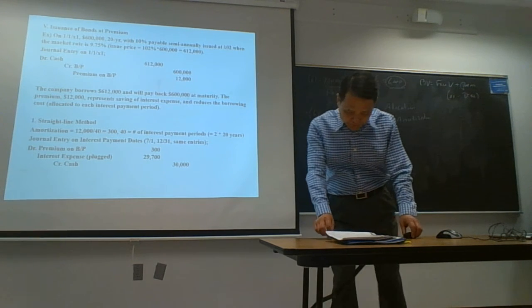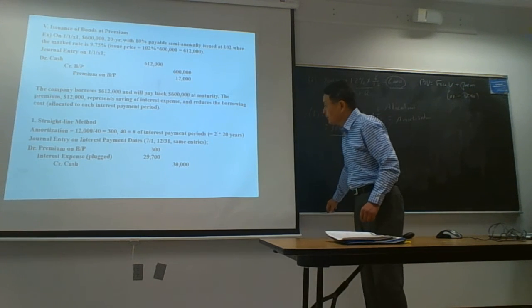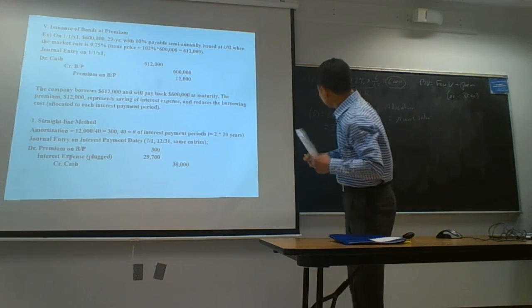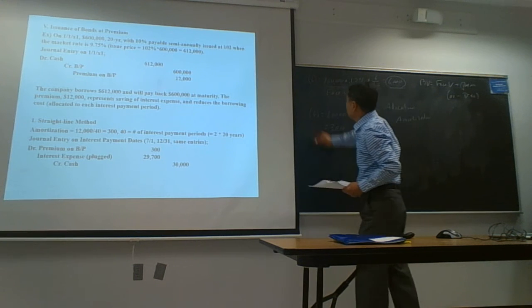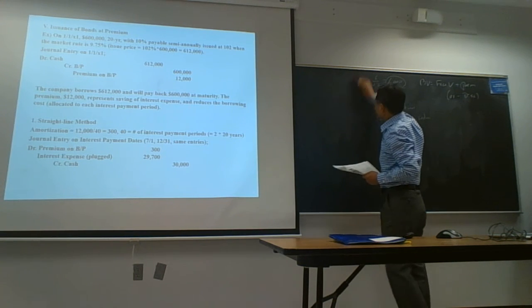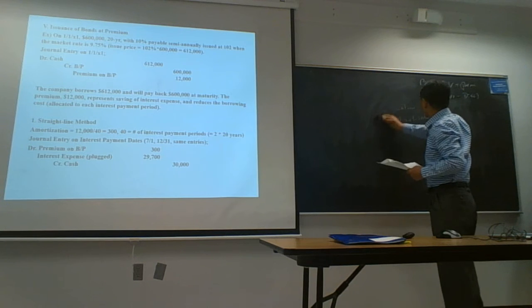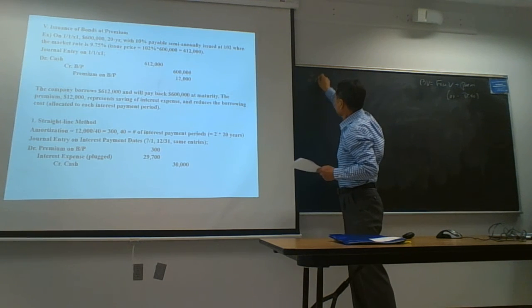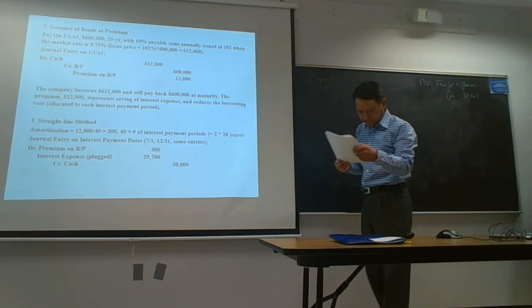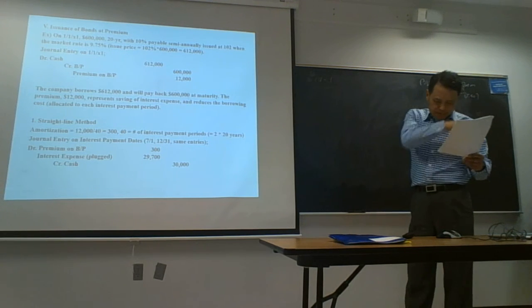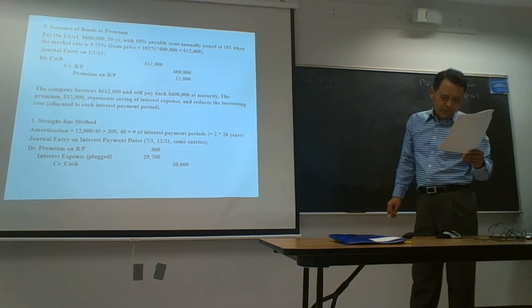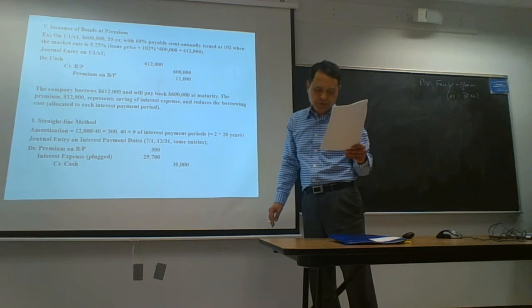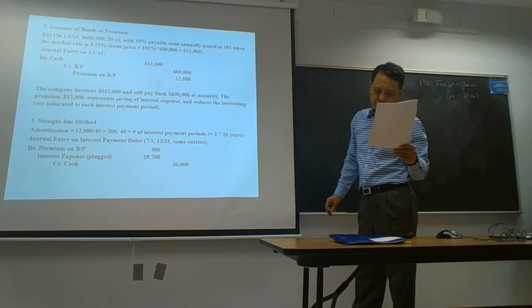All right, let's go over a couple of questions in the book. 14-1. Edison Corporation is authorized to issue 500,000 5-year bonds.